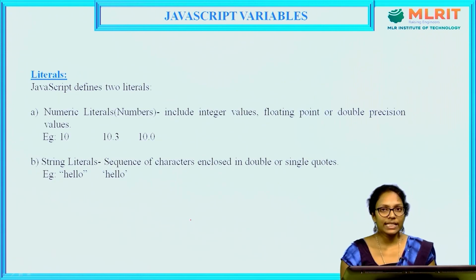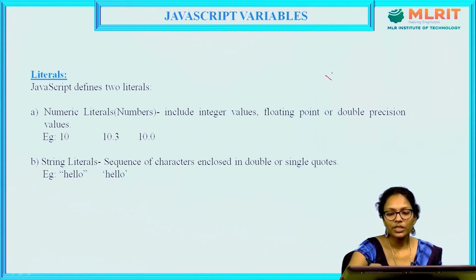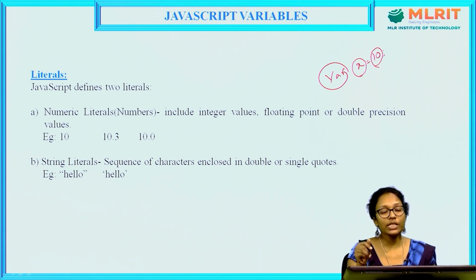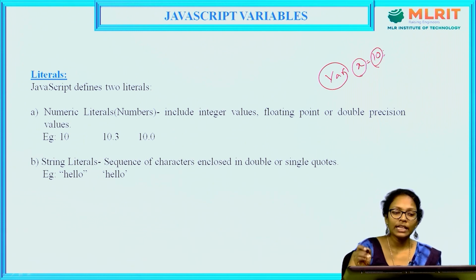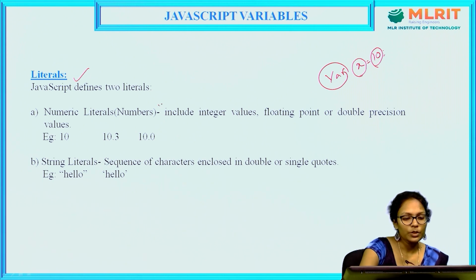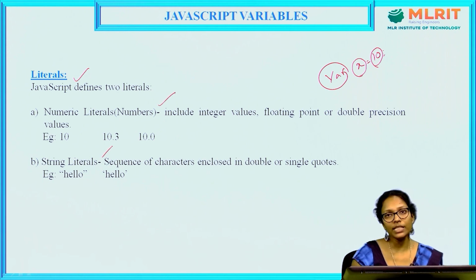Next is literal. We have seen the declaration of a variable and assignment also. I am writing a statement: var x is equal to 10. Here var is a keyword which is used to declare a variable, x is a variable name or identifier name, 10 is the value. Whatever value you are assigning is called a literal. In JavaScript we have two types of literals: numerical literal and string literal.